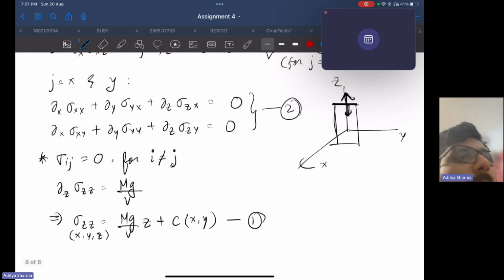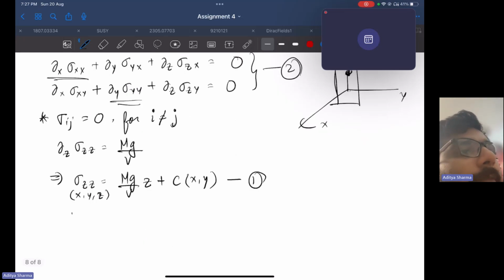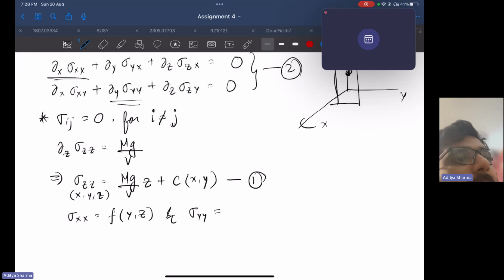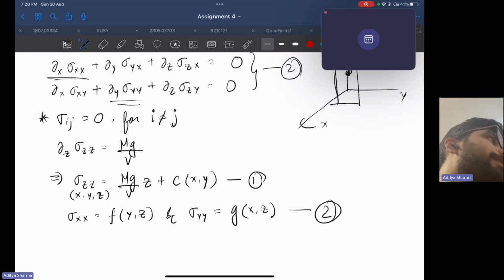Similarly, from the other equations, sigma xx is equal to some function of yz, and sigma yy is equal to some other function of xz. These are the other equations.